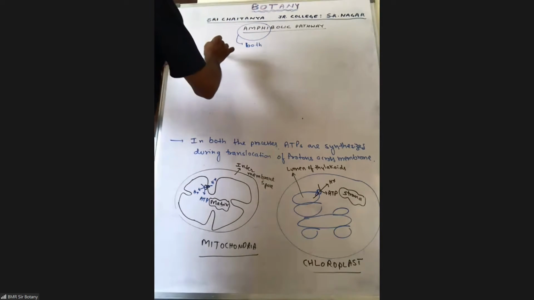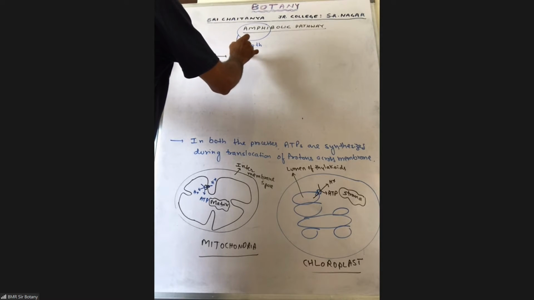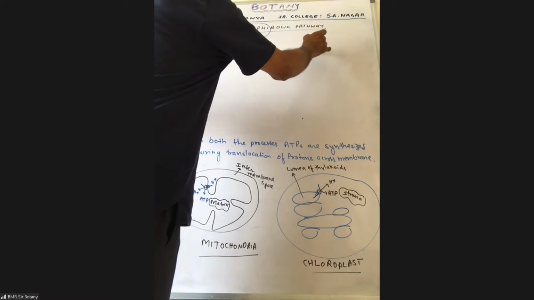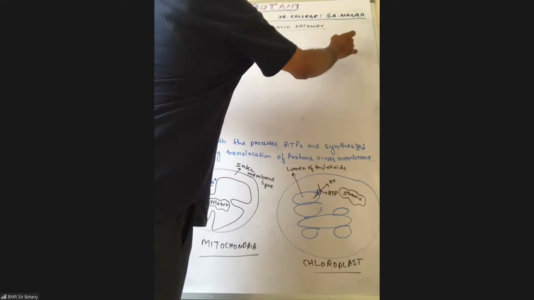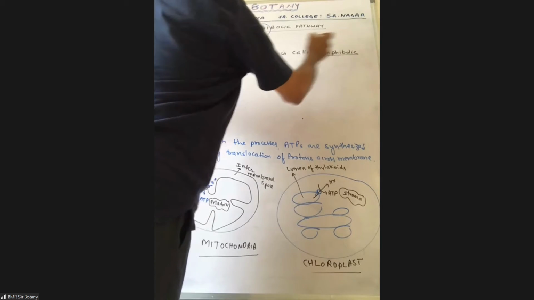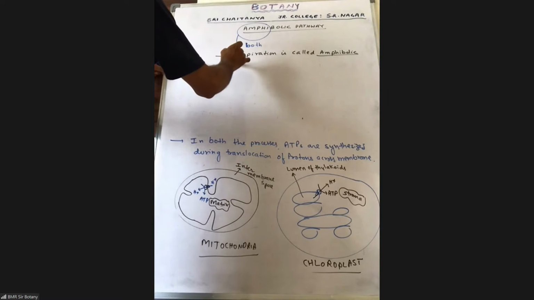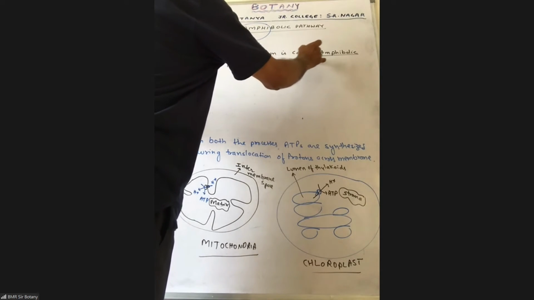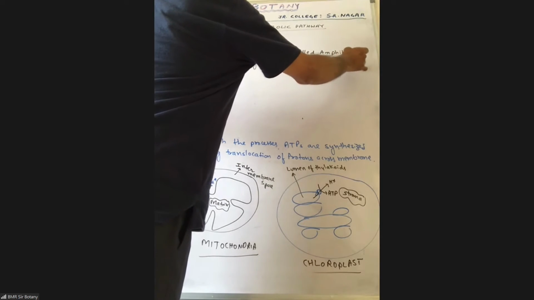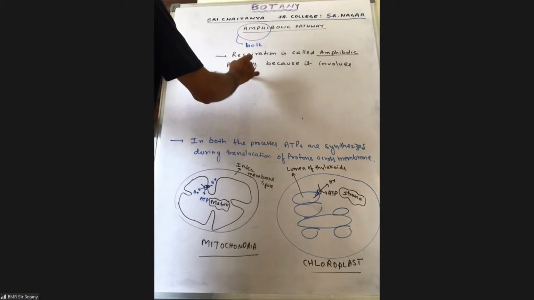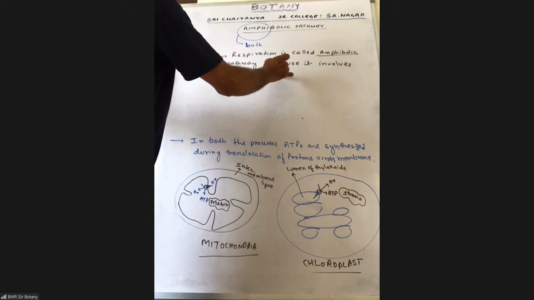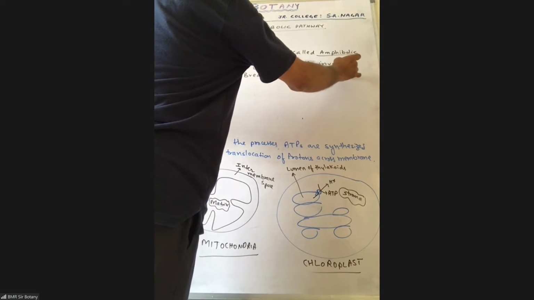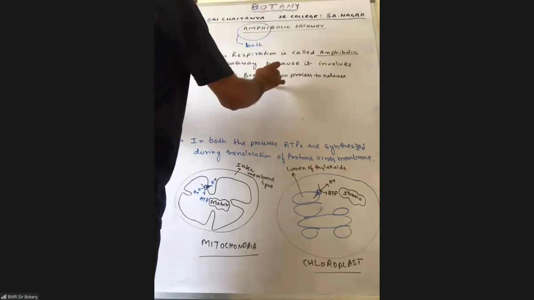So here it means respiration is called amphibolic pathway because it involves one, breakdown process to release energy. Of course, this is the main process.